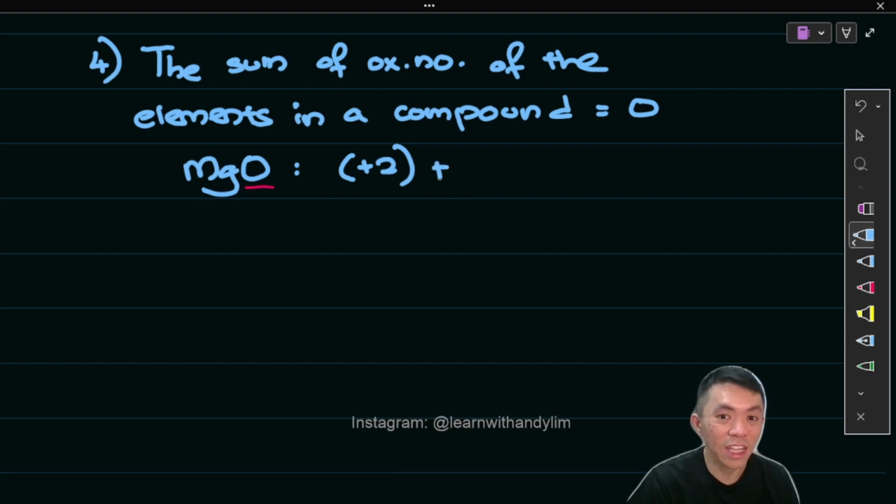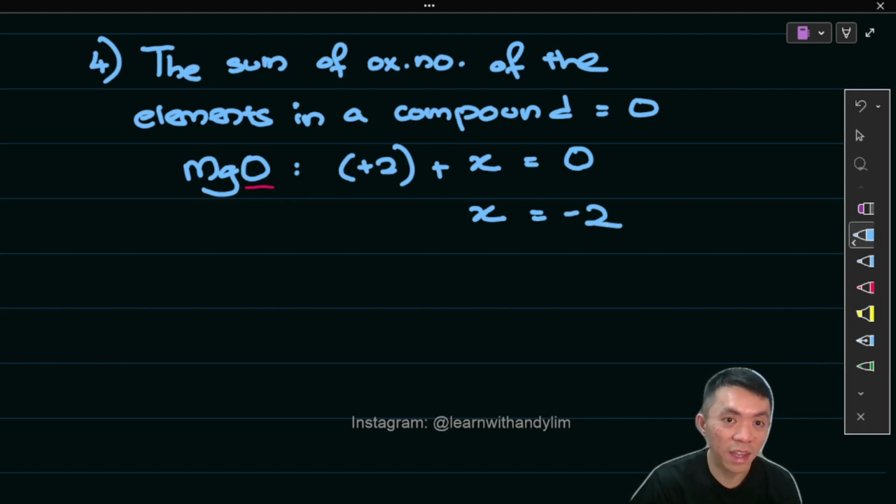I can denote the oxygen oxidation number as X, and the sum must be 0. Therefore, I can find my X, the oxidation number for oxygen, which is equal to -2. So this is the concept behind the sum of oxidation numbers equal to 0.